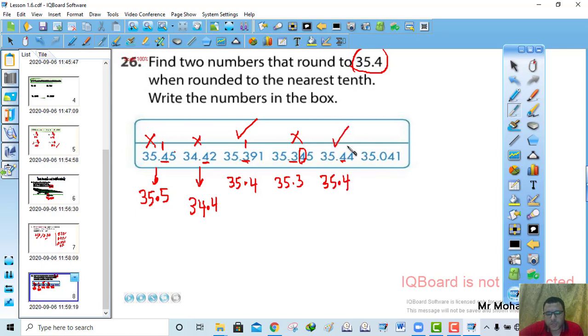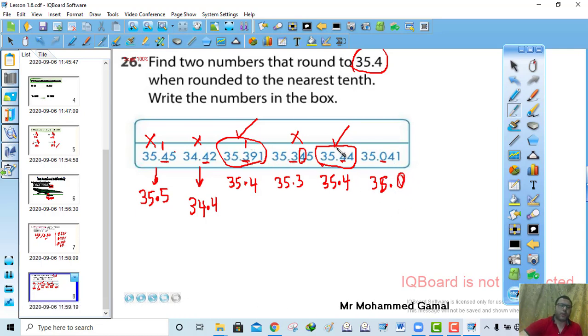So this one is correct. Yes, the circled two, this one and that one, are the two numbers that can be rounded to be 35 and 4 tenths. This one as well, if you want me to round it, I will underline the 0. It's going to be 35 and 0 tenths because 4 is weak. Okay, so only this one and that one.